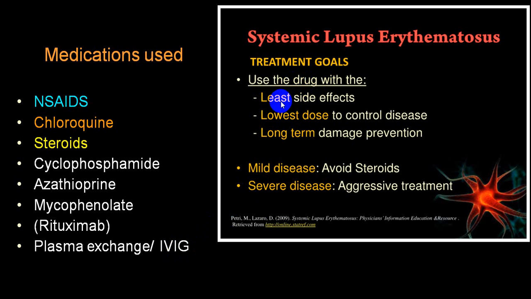Usually you should use the drug with least side effects, at the lowest dose to control the disease and prevent long-term damage. In mild disease, by and large, steroids should be avoided. In severe disease, aggressive treatment should be given.